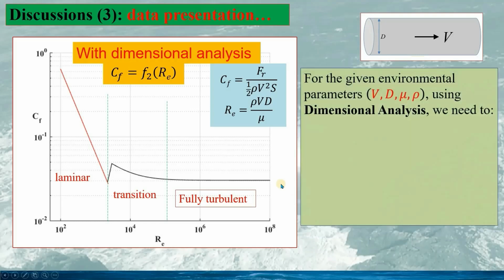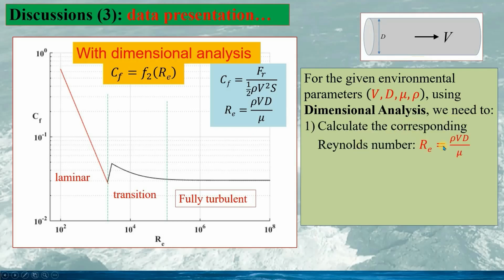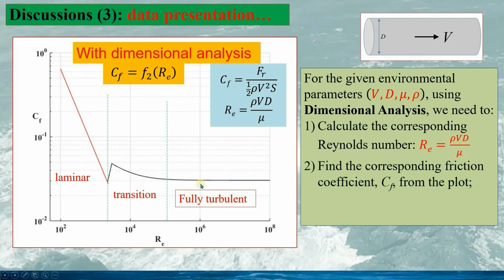Also, from this curve, for the given environment V, D, mu, and rho, using the dimensional analysis, we can calculate the corresponding Reynolds number Re given by this formula from these given parameters, and find the corresponding friction coefficient CF from the curve once the Reynolds number is calculated.